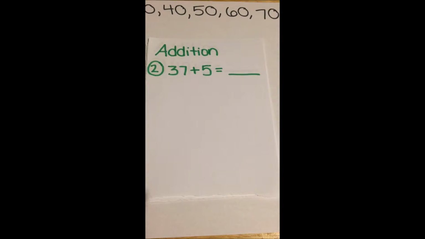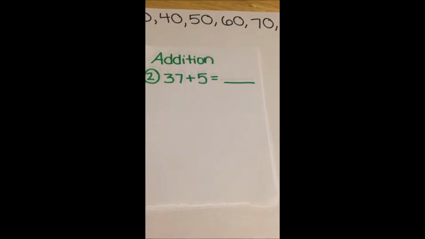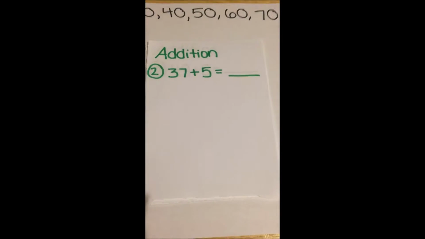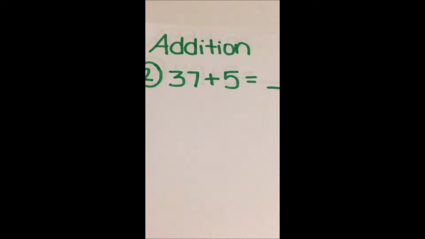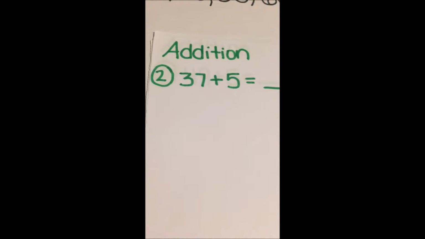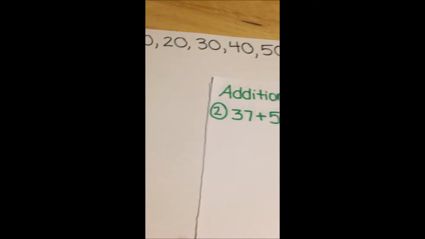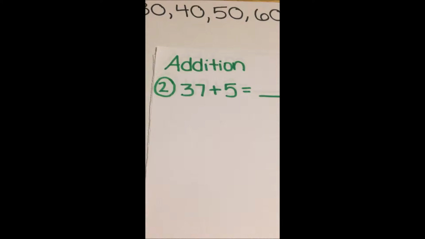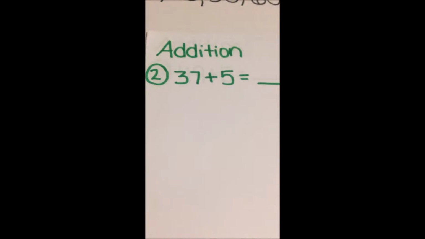Number 2, 37 plus 5 equals something. Now, same as before, our first number, 37, wants to be a multiple of 10. Which multiple of 10 is 37 closest to? If you said 40, you're right.